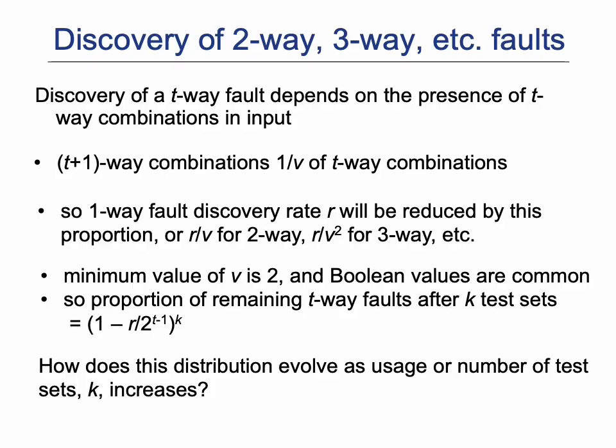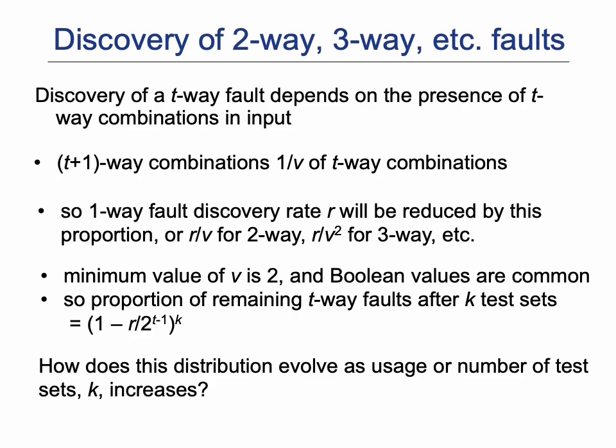So if we discover the single factor faults at a rate r, then that's going to be reduced by that proportion, or r over v for two-way, r over v squared for three-way, and so on. The minimum value of v, of course, is 2.